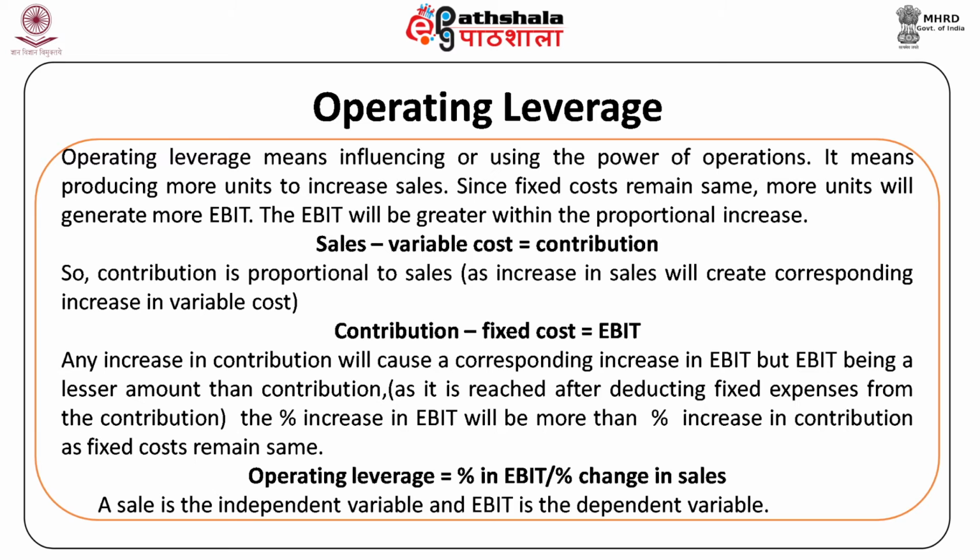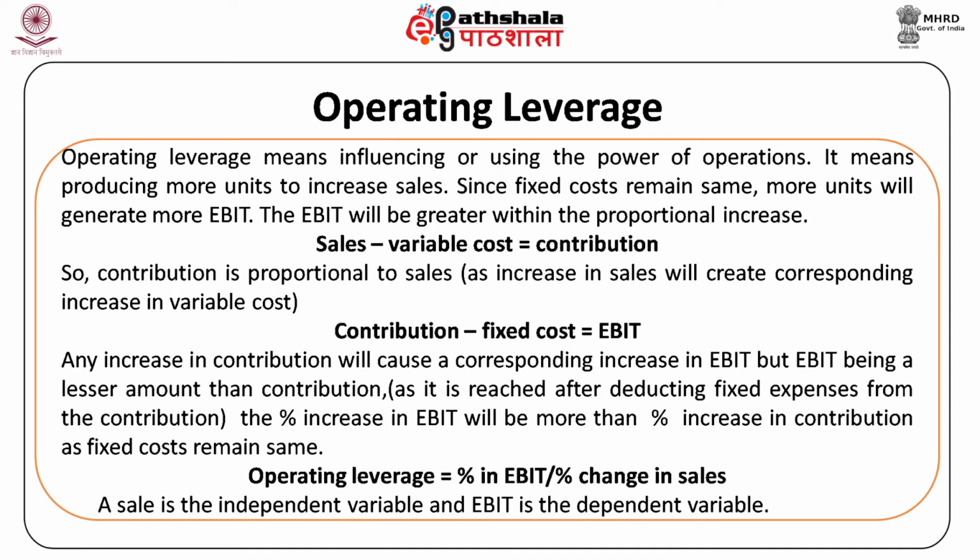Any increase in contribution will cause a corresponding increase in EBIT. But EBIT being a lesser amount than contribution, as it is reached after deducting fixed expenses from the contribution, the percentage increase in EBIT will be more than percentage increase in contribution, as fixed costs remain same.